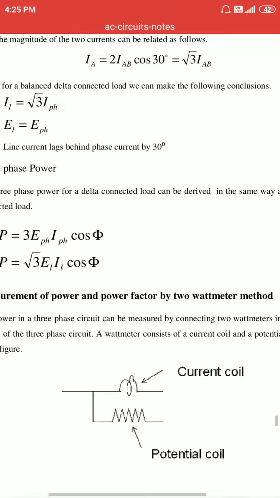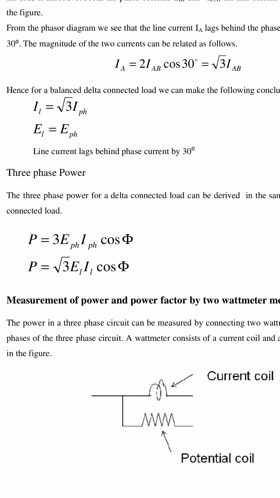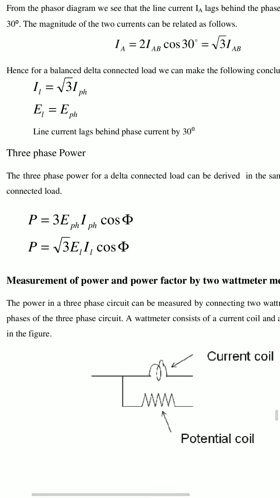IL is equal to root 3 I phase, EL is equal to E phase. So line current lags behind the phase current by 30 degrees.